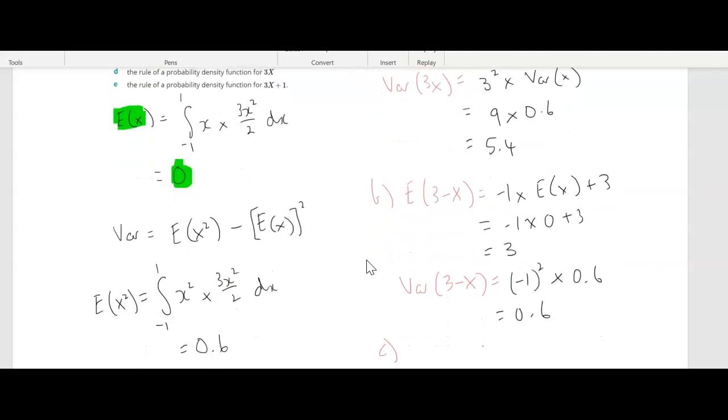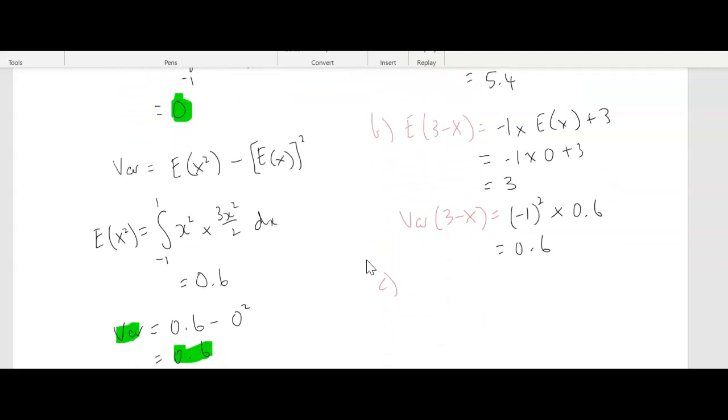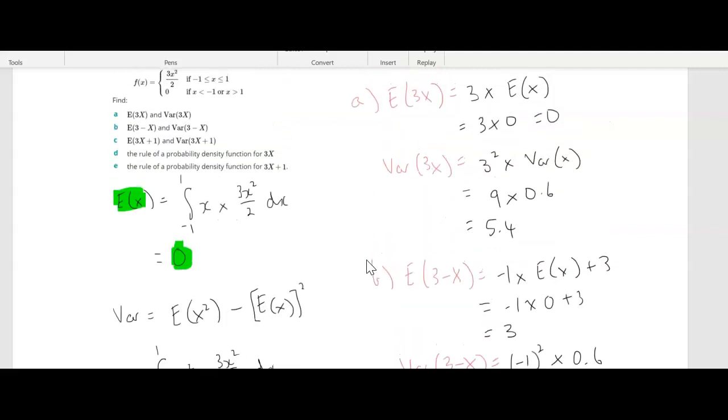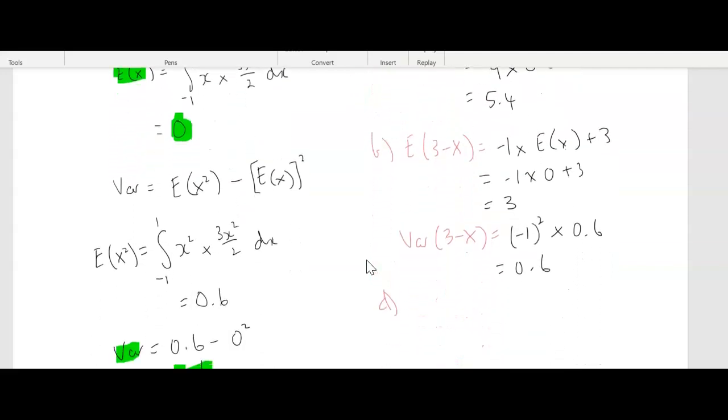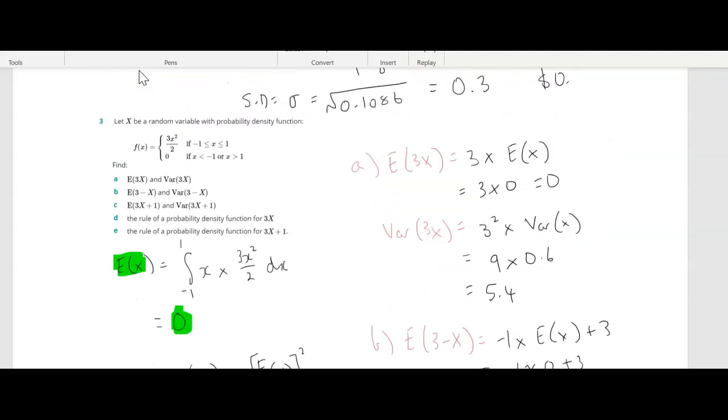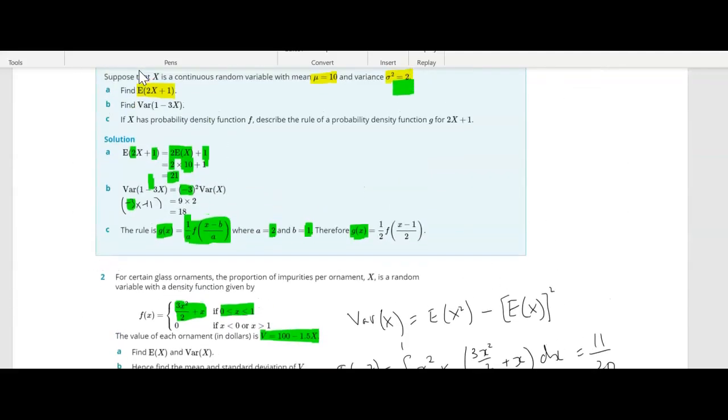All right, so E of 3x plus 1. Actually, I'm going to skip C because I am going to be late for a meeting. Let's do D. So the rule for the probability density function for 3x, so a is equal to 3. With your rule, let's just do the general rule of g of x. Scrolling back up here.